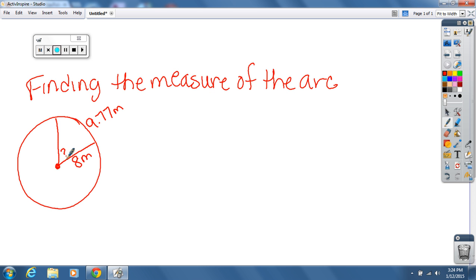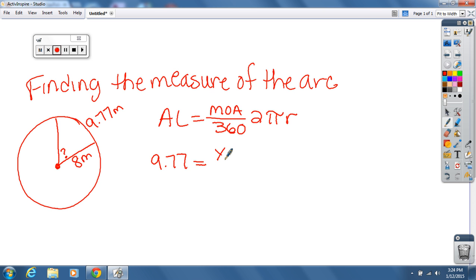So I'm trying to find this missing piece right here. So if I take my formula and I fill in for what I know, the measure of the arc is the piece that's missing, times 2 times pi times r, I can fill in. So I've got 9.77 is equal to, I'm going to put an x here because that's what I'm looking for, times 2 times pi times 8.